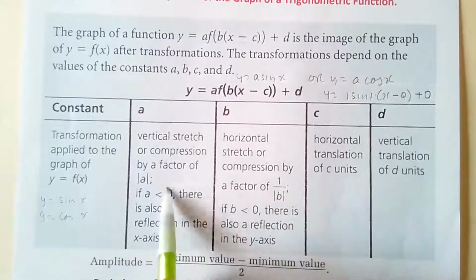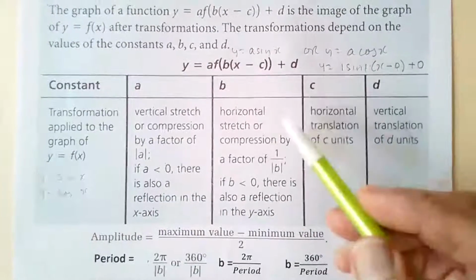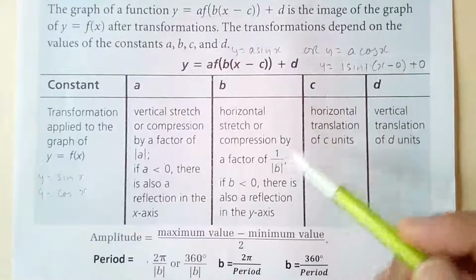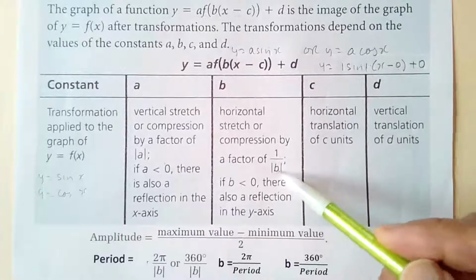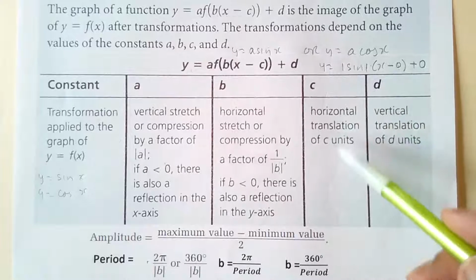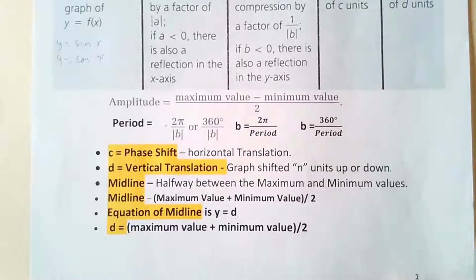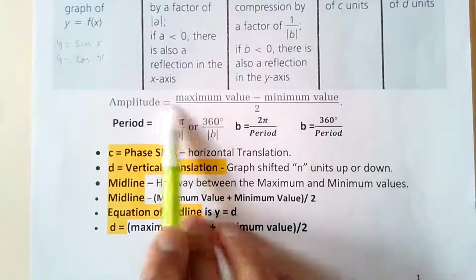So vertical stretch is A. If it's negative, we know it's reflected. Your B is a horizontal compression, so 1 over the absolute value of B. Horizontal translation is your C, and your D is a vertical translation of D units. So you go up or down. And this is the formula way of finding the amplitude.